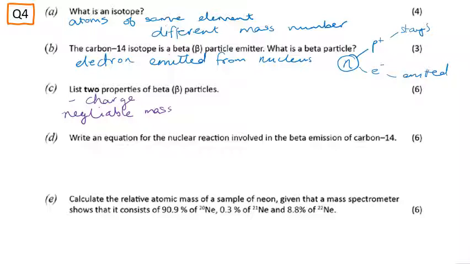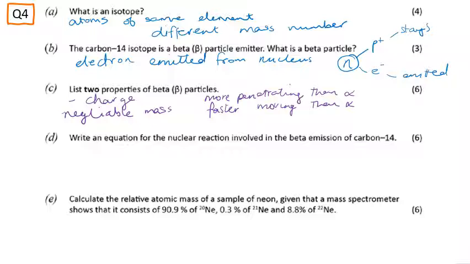Next, a beta particle is more penetrating than an alpha particle. You could also say that it's less penetrating than gamma radiation. It's also faster moving, so it moves at a high speed in comparison to alpha particles, but again slower moving than gamma radiation.